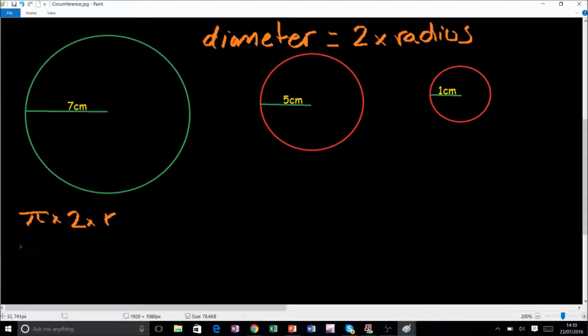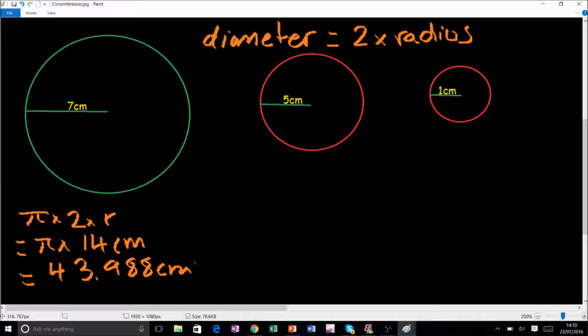And that's basically going to give us pi times 14 centimeters, which is going to give us 43.988 centimeters. And just so you know, sometimes it will not be given in centimeters. It can be given in meters, yards, inches, whatever units they want to use, okay?